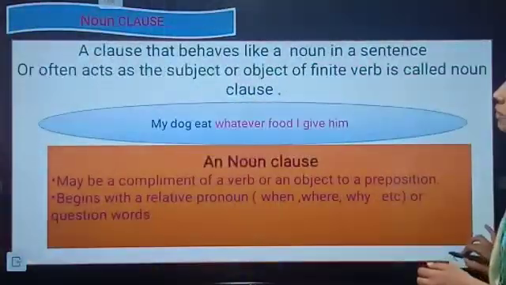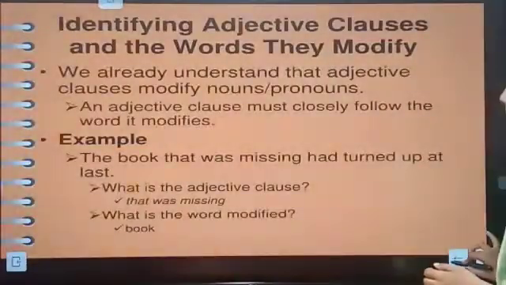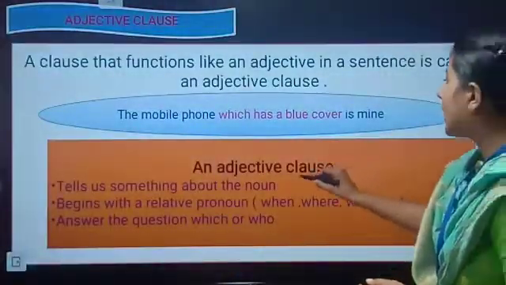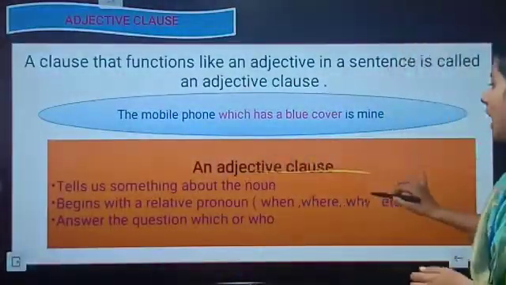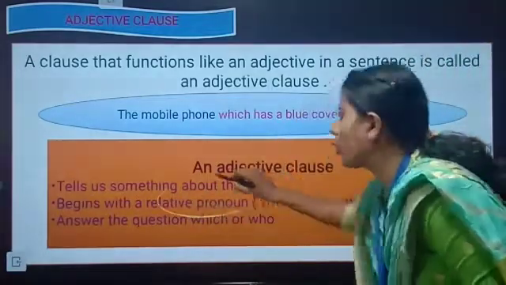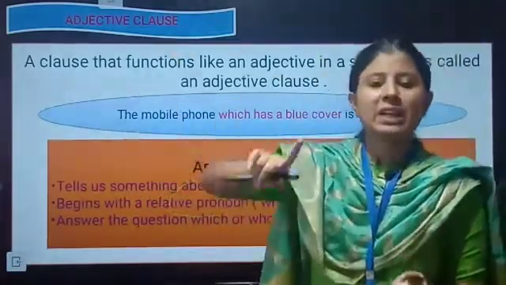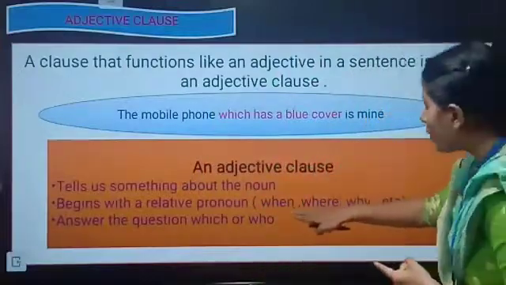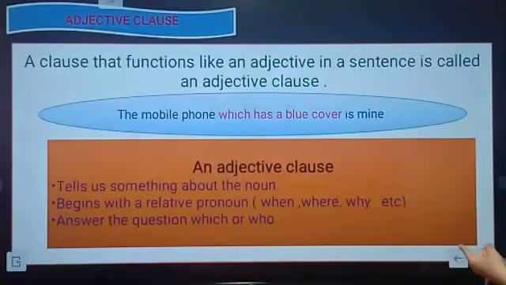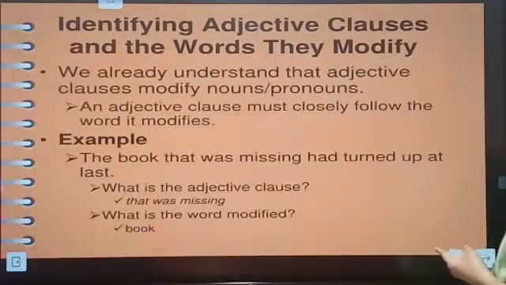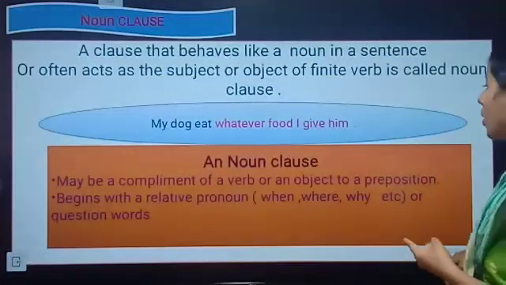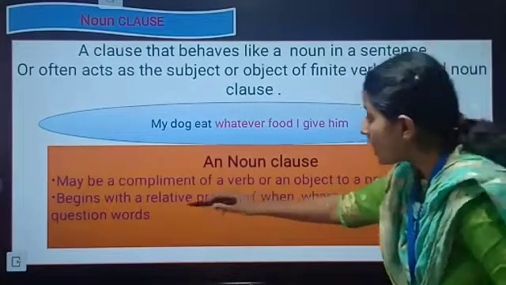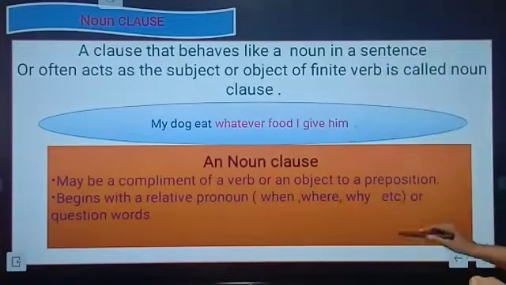Let me tell you that an adjective clause starts with the relative pronoun. Remember, an adjective clause starts with the relative pronoun, and the relative pronouns are when, where, why, who, whom. Okay, and a noun clause also starts with the relative pronoun, for example, when, where, and why.